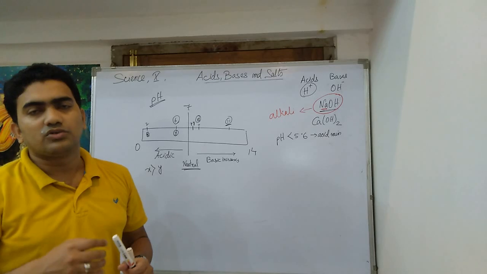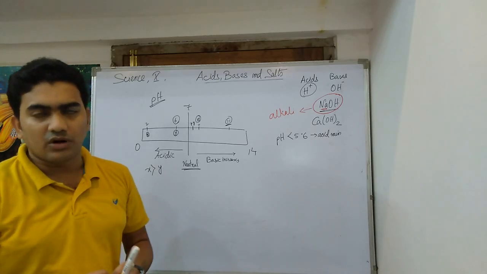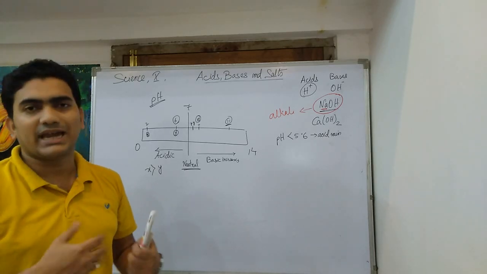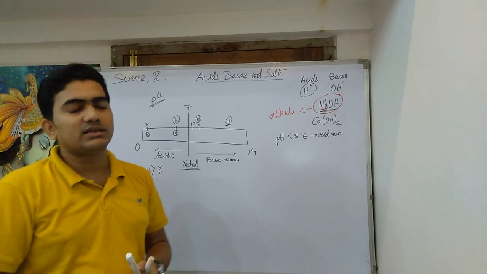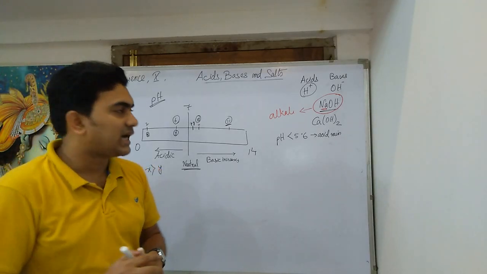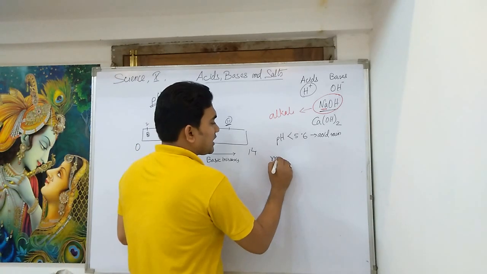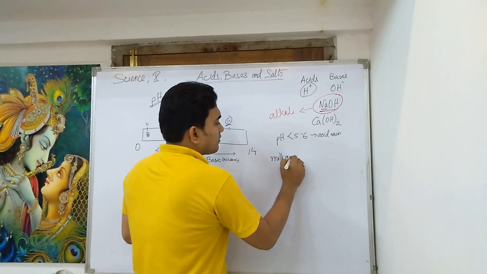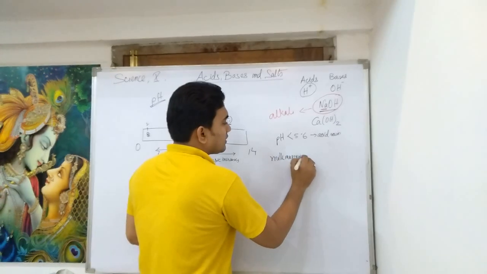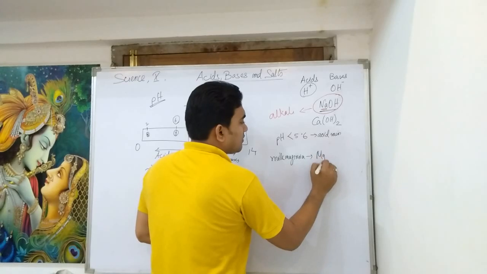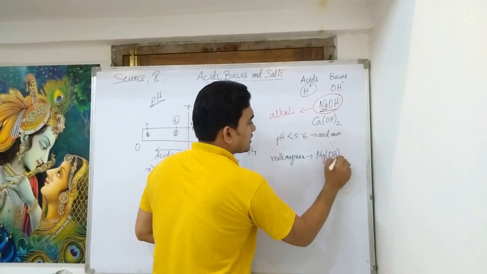In order to cure our acidity, what do we do? We take antacids. Antacids are nothing but mild bases like milk of magnesia, which is nothing but magnesium hydroxide.